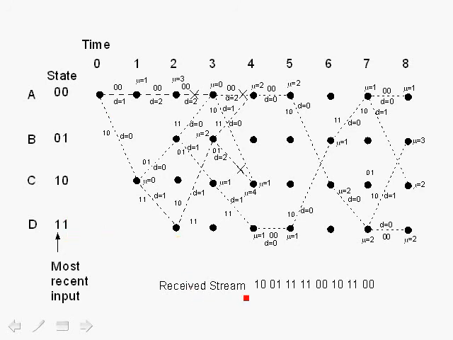We have received a stream, which is 1001111, etc. And this stream is, of course, a result of the convolutional encoding that we showed before. We don't know what the input sequence was to produce this stream, and all we know is that it may have errors because it has gone through a noisy channel.